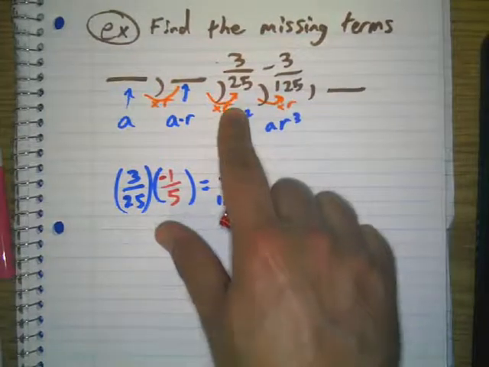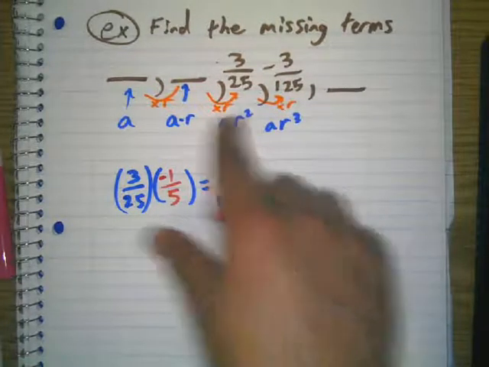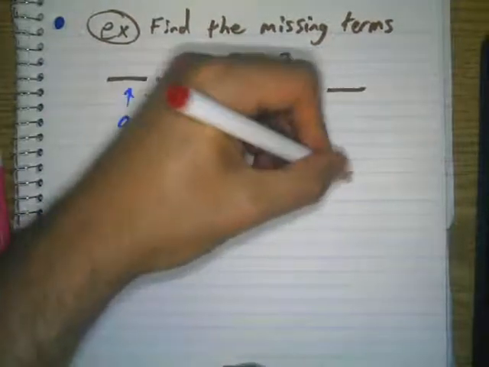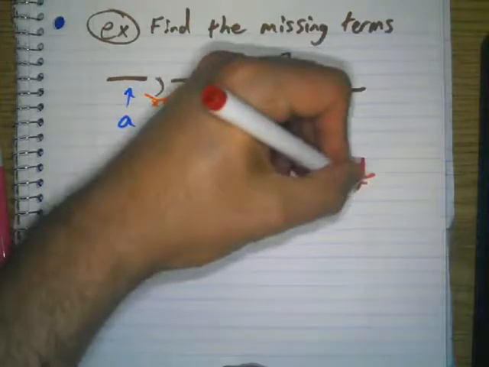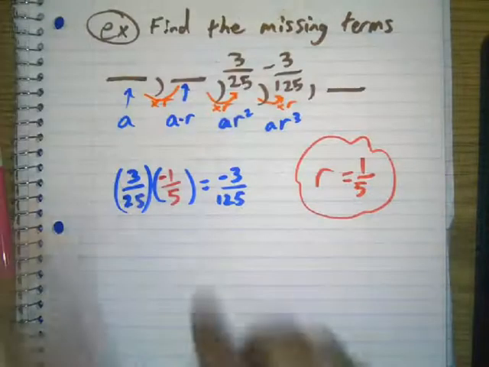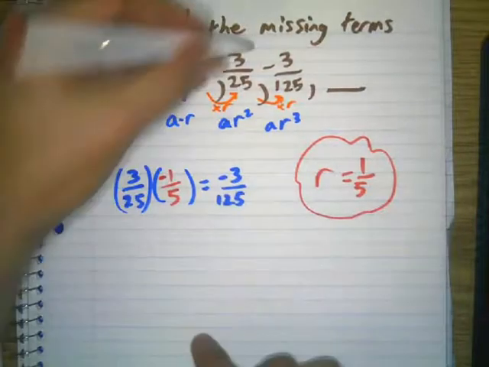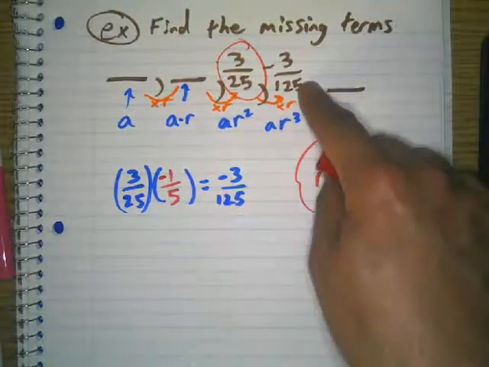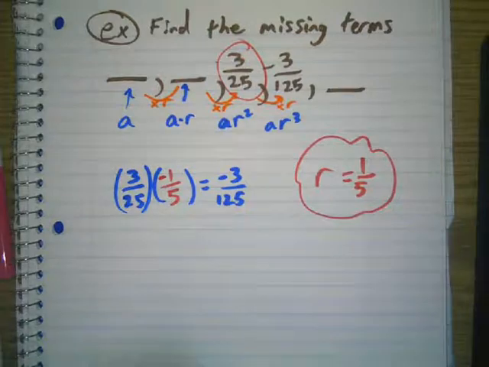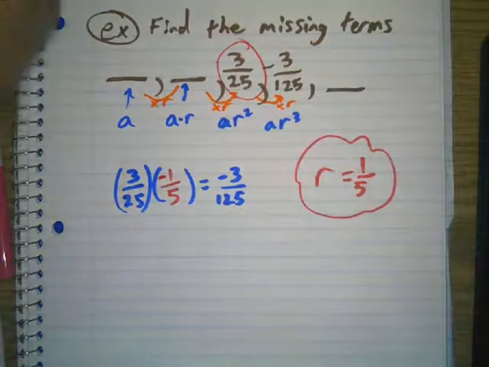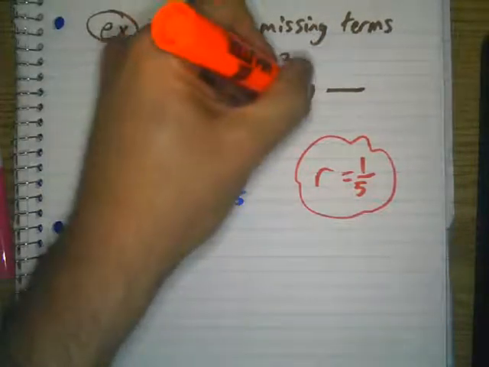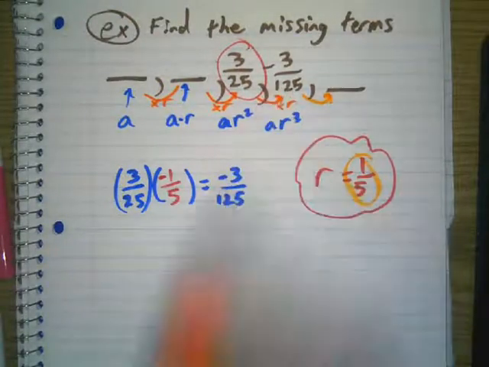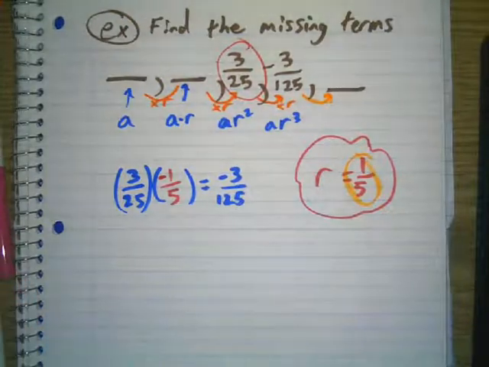Okay, so now let's think backwards. To get to the previous one, if I divide by R, so first of all, we know that R equals negative 1/5, okay? Because if I take this value here and multiply it by negative 1/5, we get this one here. So since R equals that, if I multiply 1/5 times 3 over 25, let's do it.